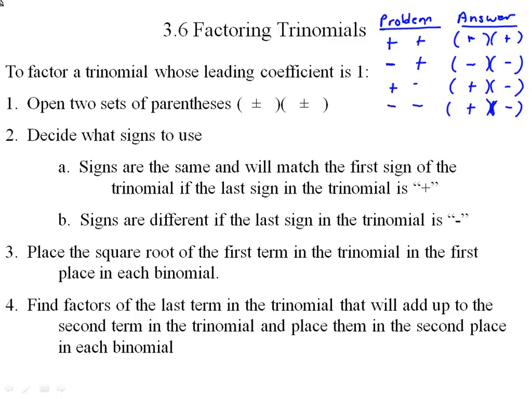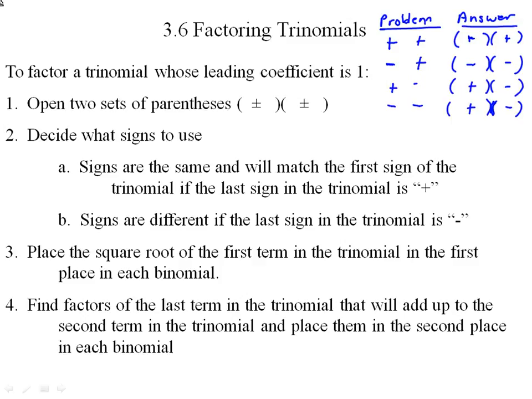So if the second sign is positive, your answer is going to have matching signs, and they're going to match the first sign. However, if in your problem the second sign is negative, irregardless of the first sign, your answer signs are going to be different. Okay? Positive second sign, same signs. Negative second sign, different signs. Okay?